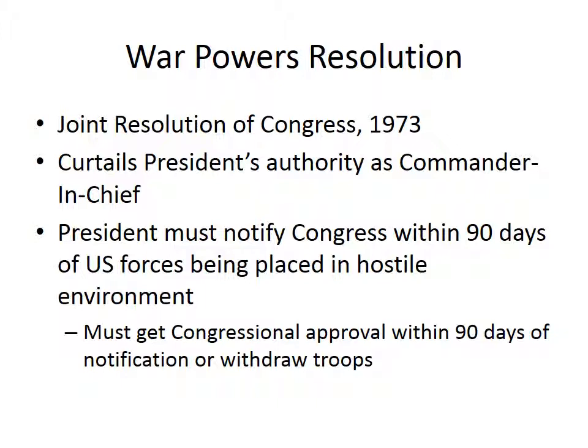It will be invoked against the Clinton administration in the Clinton administration's introduction of U.S. forces into Somalia, okay? Now, when it comes to the Bush administration in the 2000s, the introduction by the Bush administration of troops into Iraq and into Afghanistan was already approved by Congress, so it didn't bring up the War Powers Resolution.